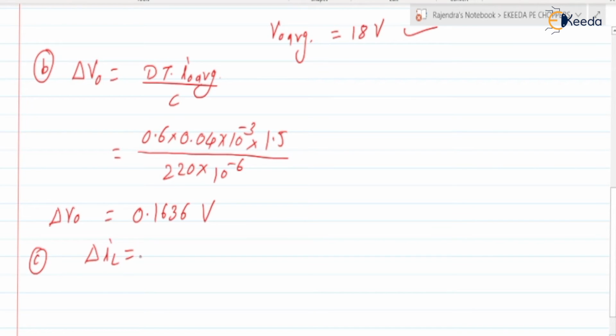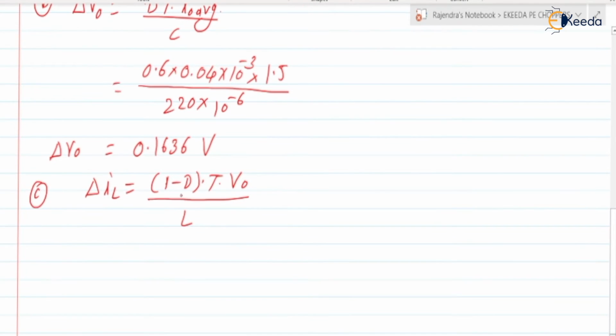Delta IL is equal to 1 minus D into T into V0, divided by L. Now it is 1 minus 0.6, since D is given as 0.6, into T, which is 0.04 into 10 to the power minus 3, into V0.